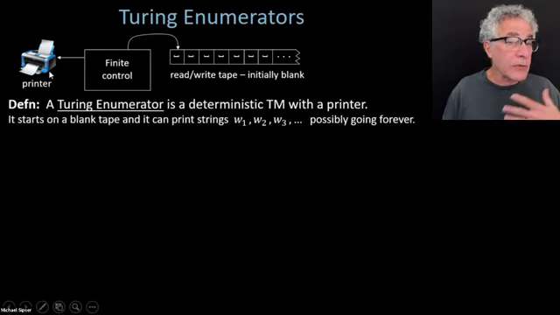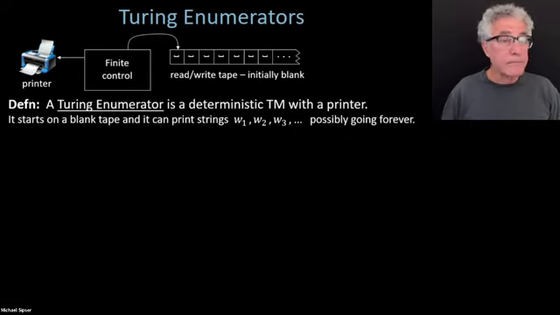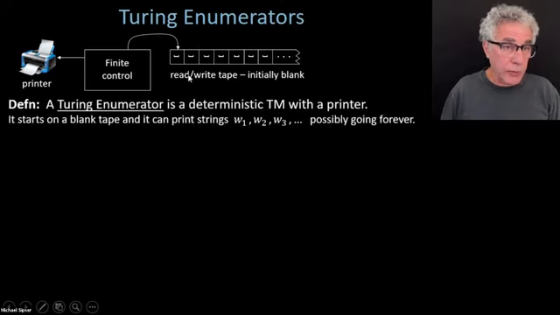And then it can print out other strings in due course. And so periodically, you think of this printer as printing out a string under the control of the Turing machine enumerator. And so these strings that it could print out, W1, W2, they appear.